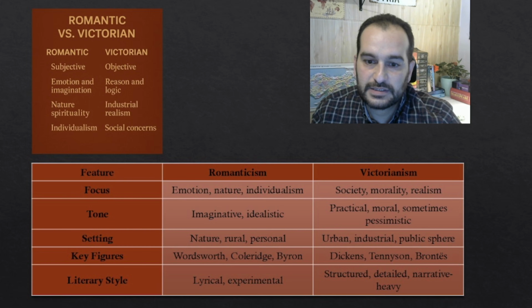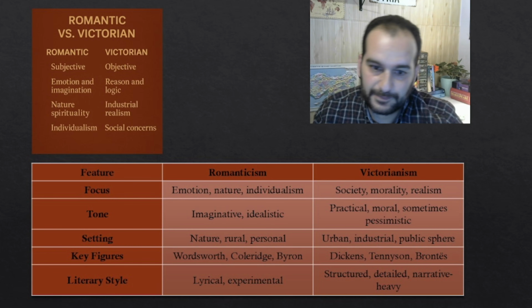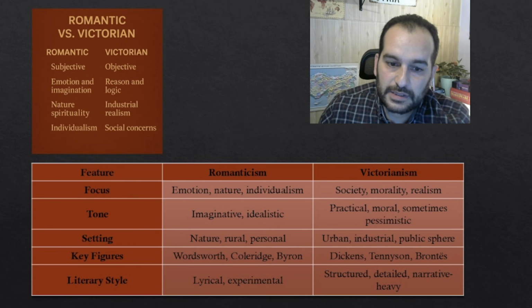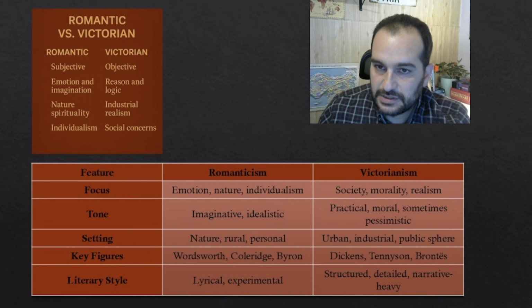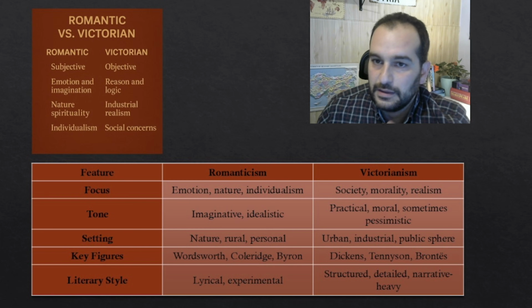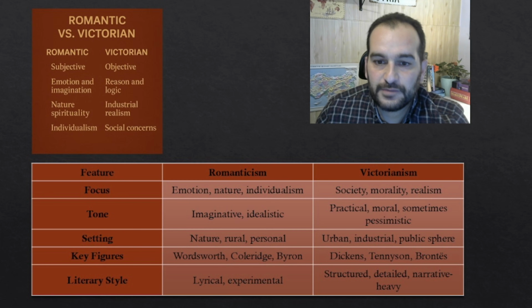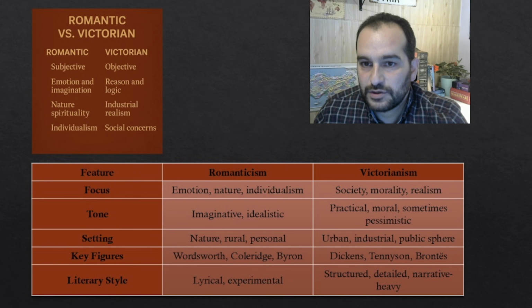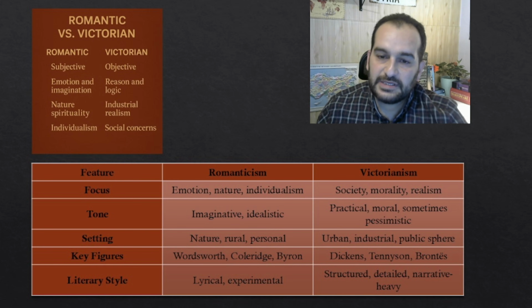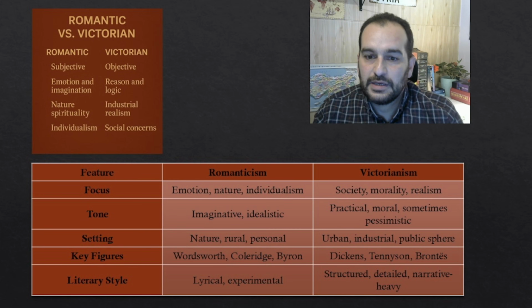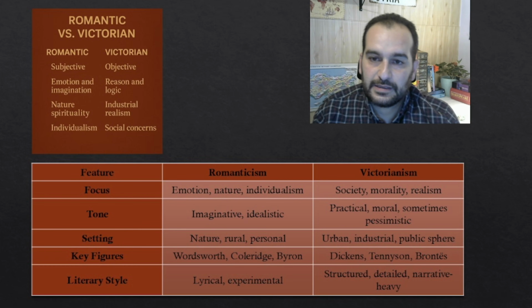Meanwhile, Victorianism focuses on society, morality, and realism. And the tone is imaginative and idealistic in Romantic literature. Meanwhile, in Victorian literature, we see practical, moral, and sometimes pessimistic literature.